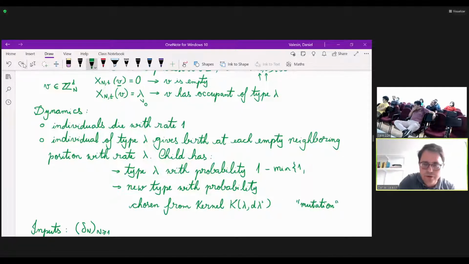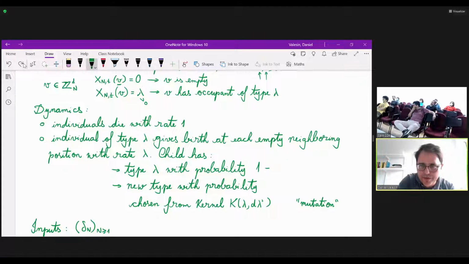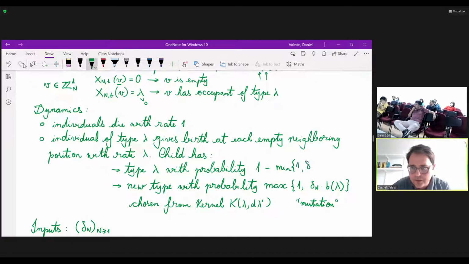Let me just go back to how it was before, so I don't make mistakes. Yeah, I guess this was min of 1 and delta n b of lambda.